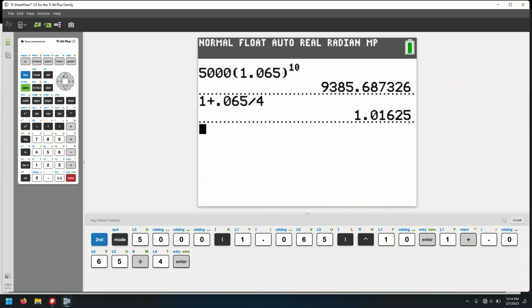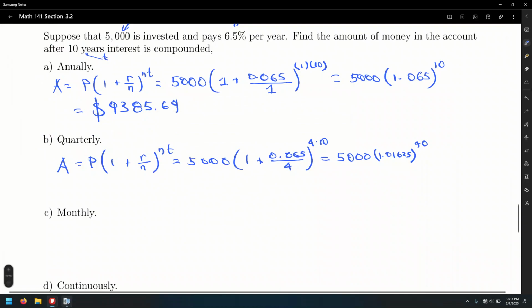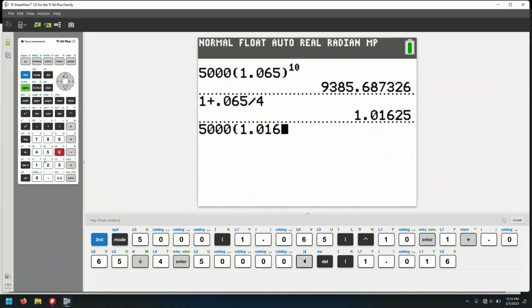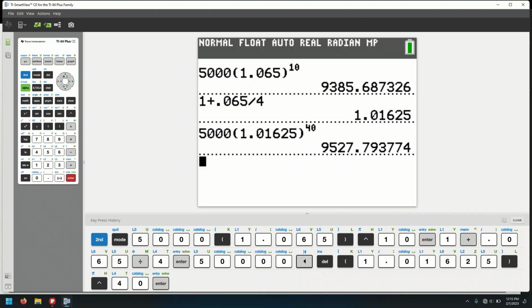So let's see, after computing all this, I'm going to go back to the calculator, and that's 5,000. Whoops, one less zero. And open parentheses. What we got over here is 1.01625. Close parentheses and raise this number to the 40th power. 95,27,79. Well, in this case, the third digit on the decimal is 3.